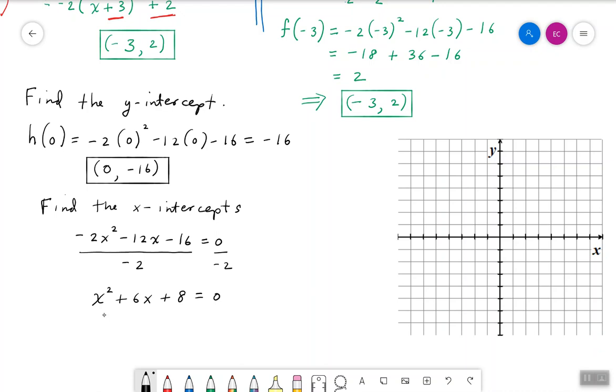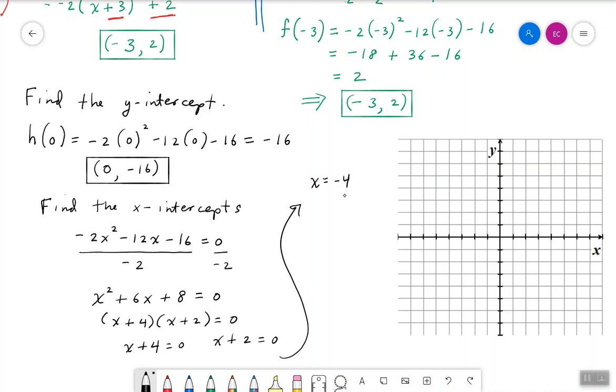And then we can factor that. We can get x plus 4 times x plus 2 equals 0. So x plus 4 equals 0, or x plus 2 equals 0. If x plus 4 equals 0, then x equals negative 4. And if x plus 2 equals 0, then x equals negative 2. And we can write those as ordered pairs, negative 4, 0, negative 2, 0, and box it up.